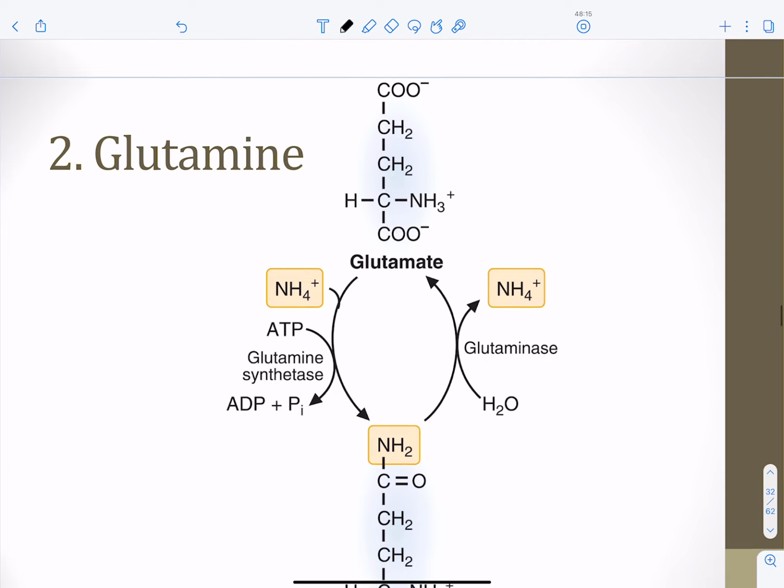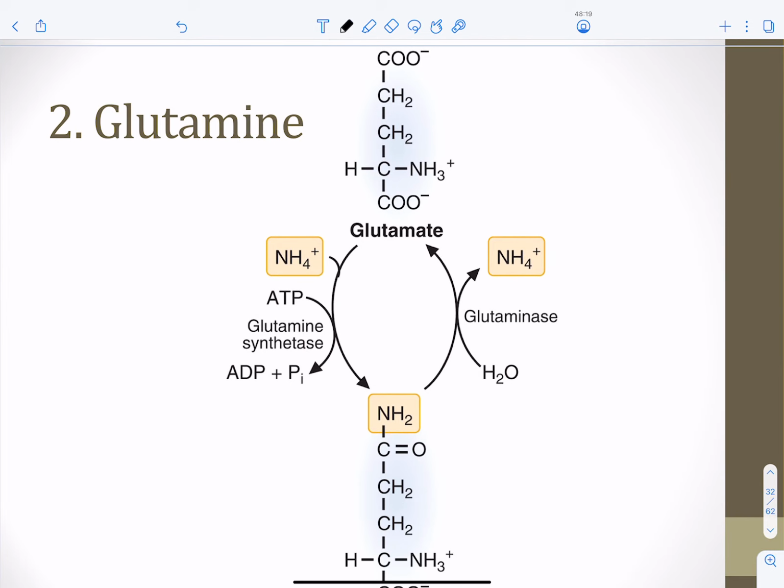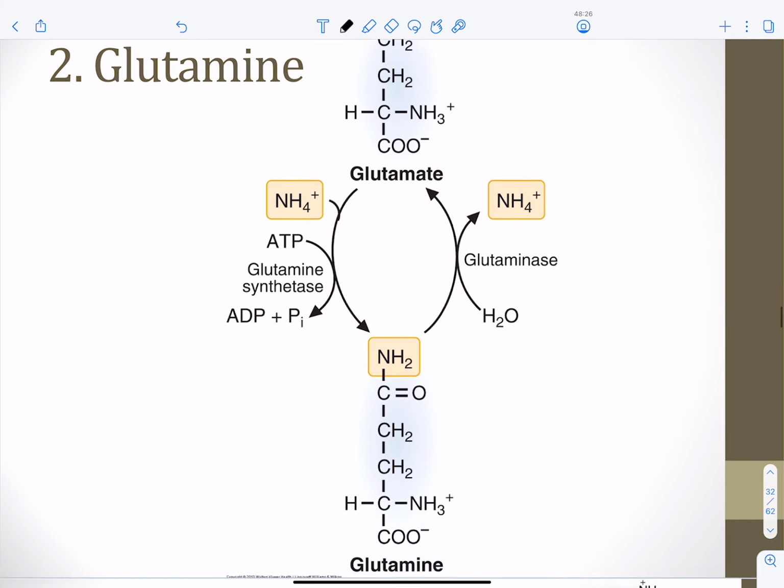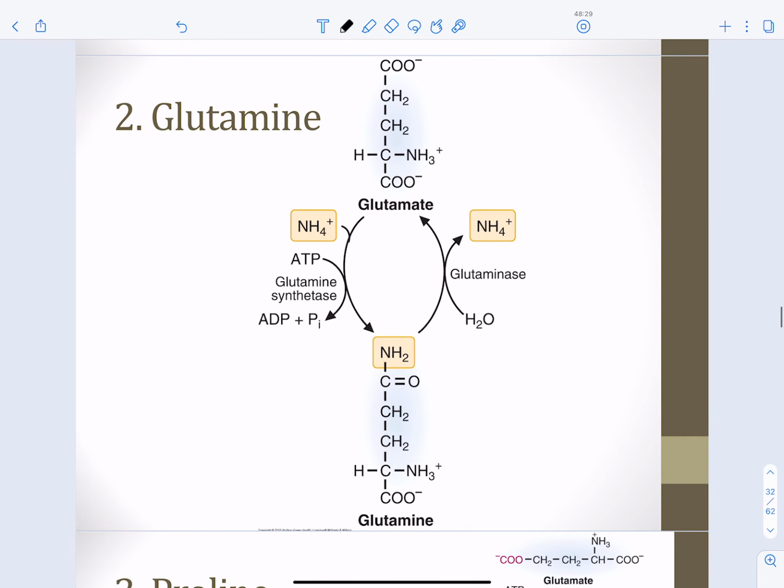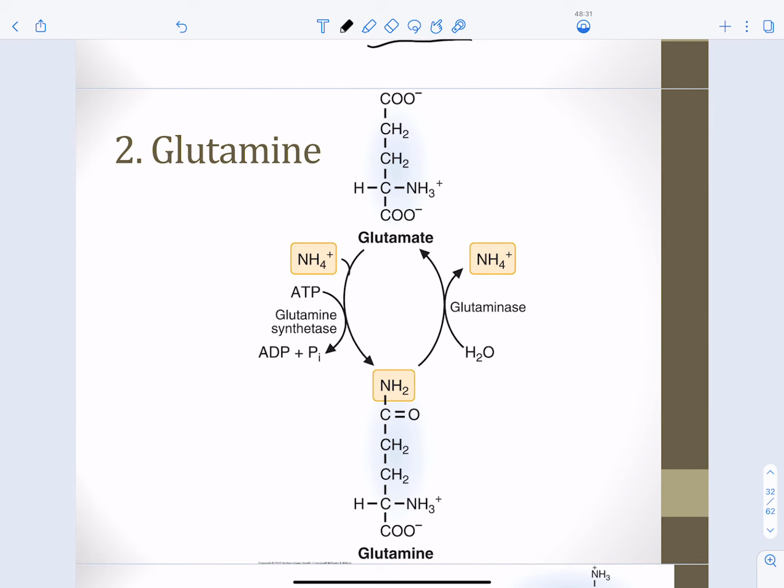Now, glutamine is going to have different enzymes for formation and degradation. So glutamine synthetase is going to form glutamine from glutamate. And then when you're breaking down glutamine, you're going to use glutaminase. And glutaminase is going to release your nitrogen. This is important in the kidneys.